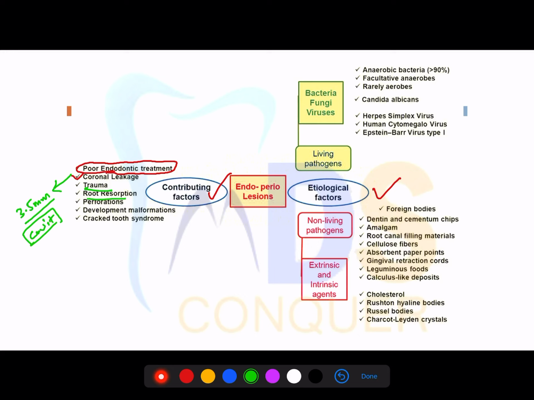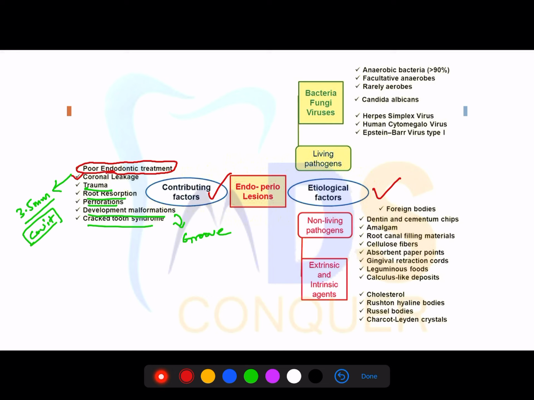You have root resorptions, you have perforations, developmental anomalies, particularly grooves, like palatogingival grooves which extend onto the root surface, because a groove extending onto the root surface is going to provide a pathway for the bacteria to move easily. Whenever things are going on the root, what is the root area called? That is the periodontium, right? So there are high chances that an endoperio lesion can form. Similarly, cracked tooth syndrome. All these are contributing factors.